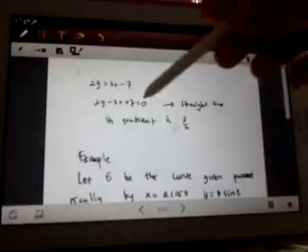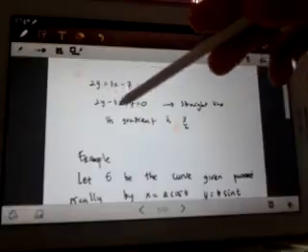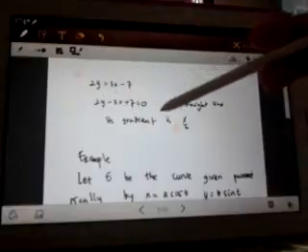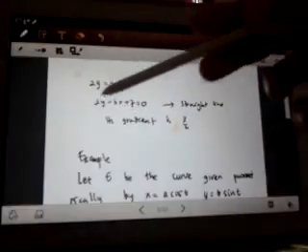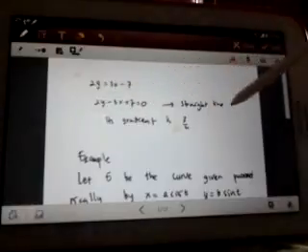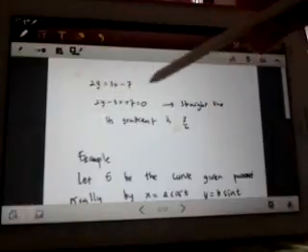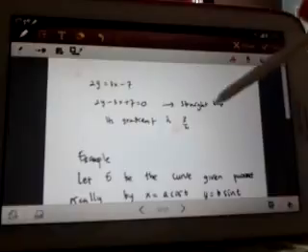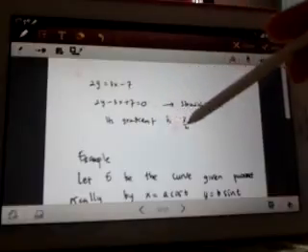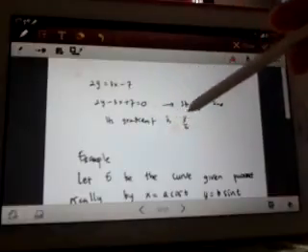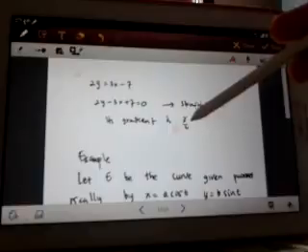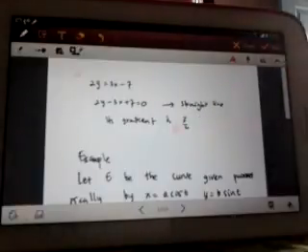The simplest form is 2y minus 3x plus 7 is equal to 0. Of course, this is a straight line because this is a linear equation. So its gradient is 3 over 2.